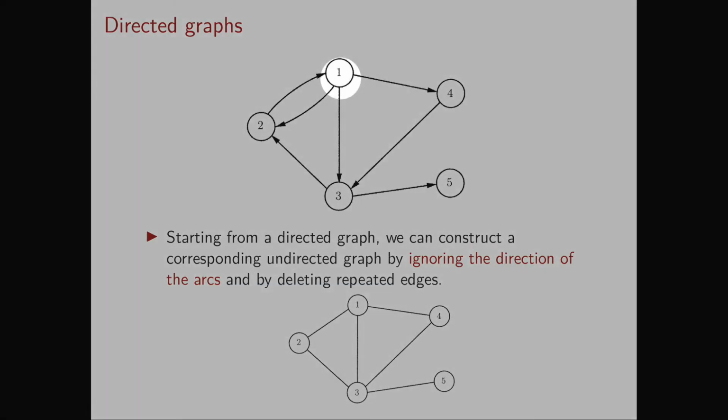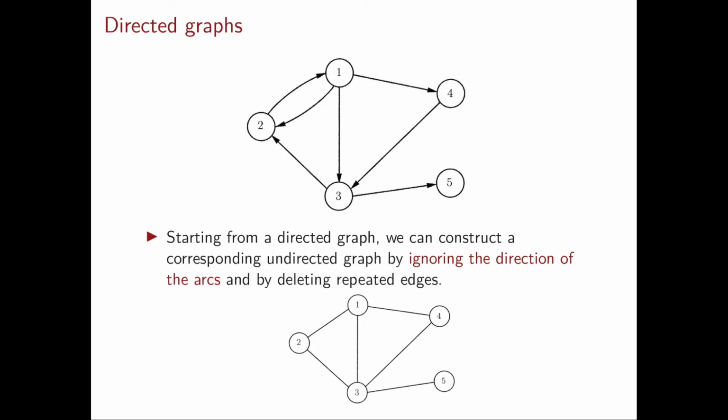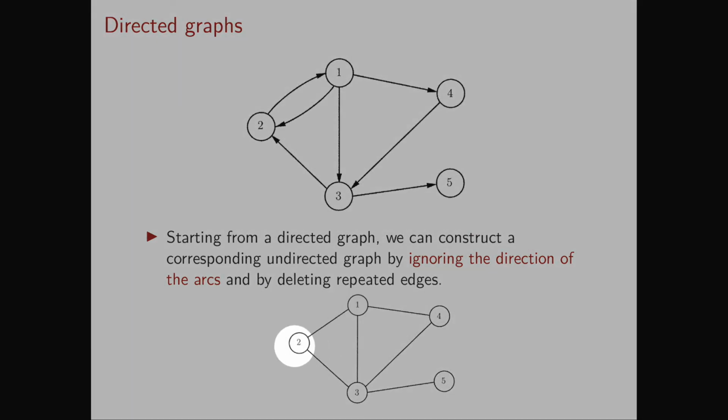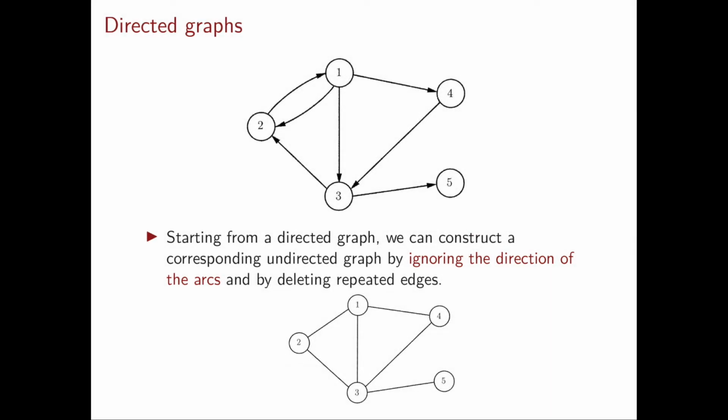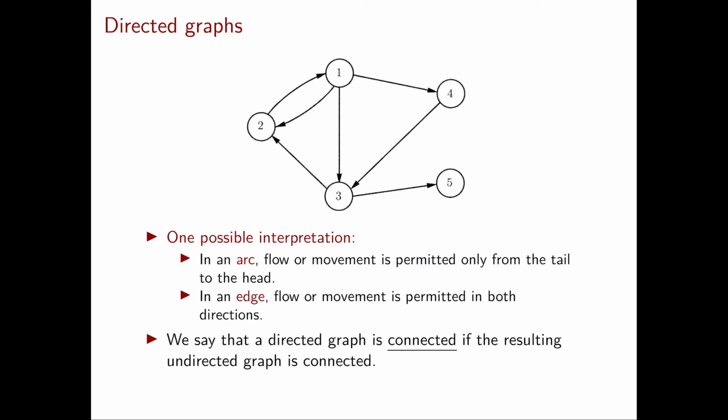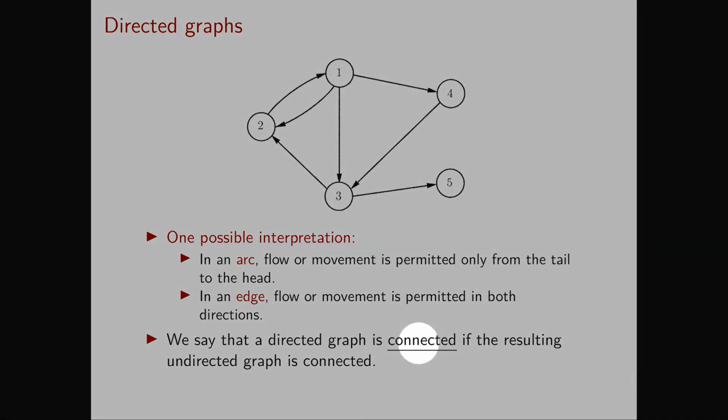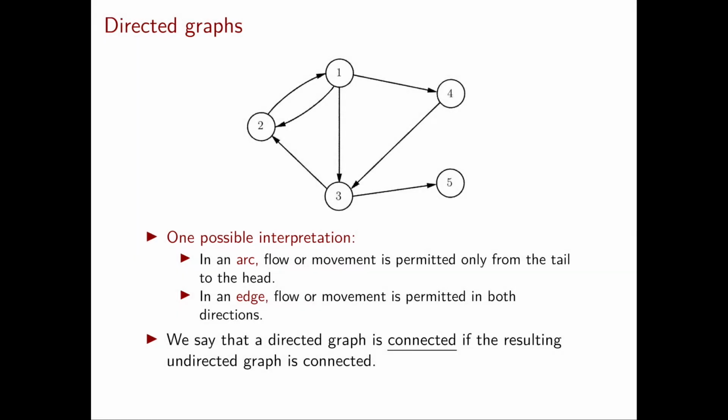If it happens that between two nodes we have two arcs, like in this case where we have arcs (2, 1) and (1, 2), then in our graph we will simply have one edge between 1 and 2. This allows us to define easily some concepts for directed graphs that we've already defined for undirected graphs. For example, we say that a directed graph is connected if the resulting undirected graph is connected. In particular, our example of directed graph is connected.